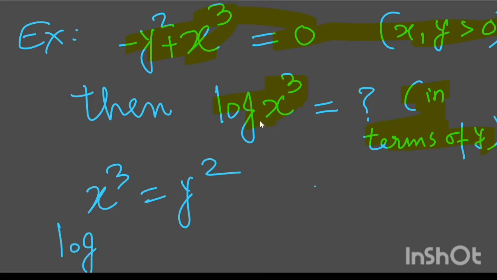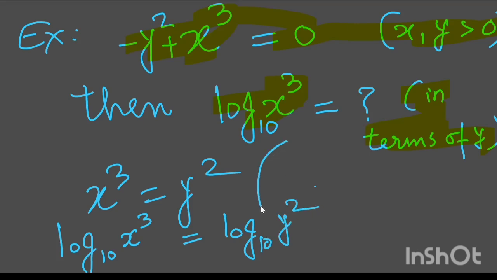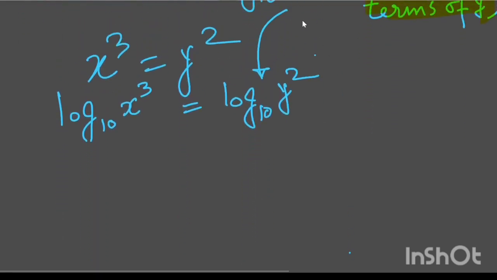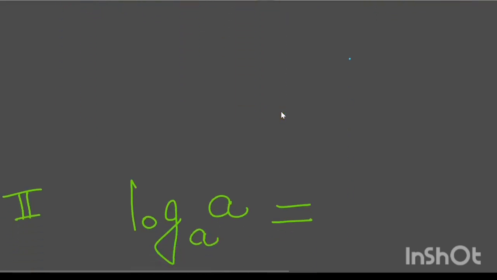They haven't specified the base in the question, so let's take the base to be 10. Taking log base 10 on both sides, log x cube base 10 is equal to log y square base 10. So that's the answer: log of y square base 10 in terms of y.